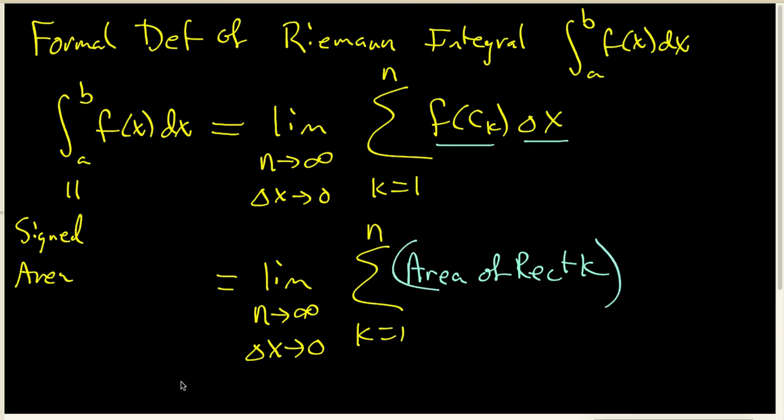And so what we really do have is that the formal definition of the Riemann integral is we're simply going to let the number of rectangles zoom off to infinity, and we're going to let the widths of the rectangles drop down to 0. And the limiting value of the Riemann sums is the area under the curve. We will explore this idea in more detail in the problem solving next week and in future videos.